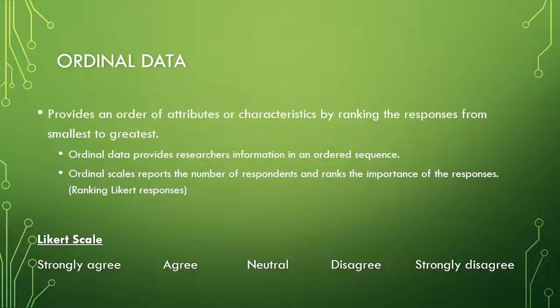But with a Likert we can count and see the number of people who agree or strongly agree versus the number of people who disagree or strongly disagree, and it gives us a lot of information about our organization, our client, our project, whatever it is we're looking at.